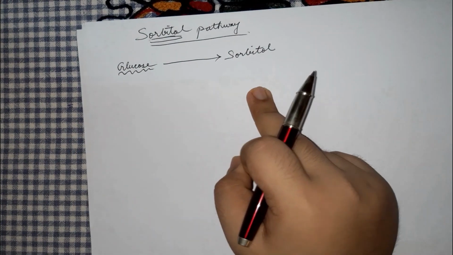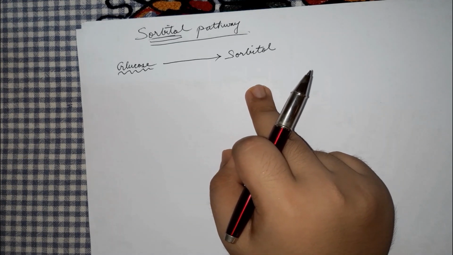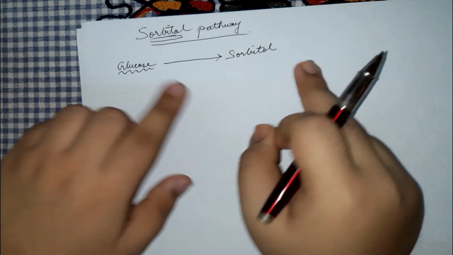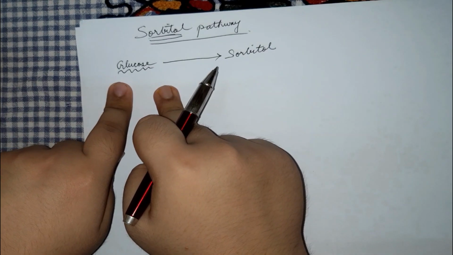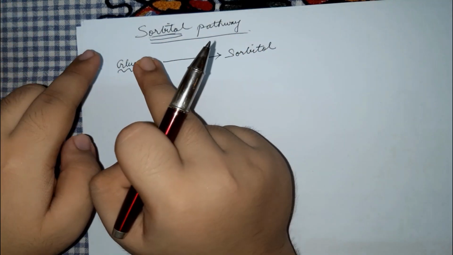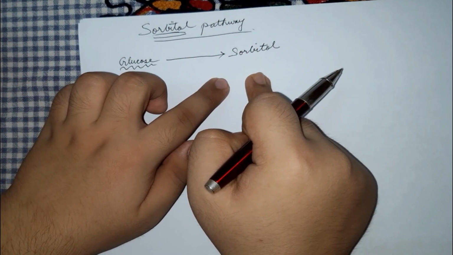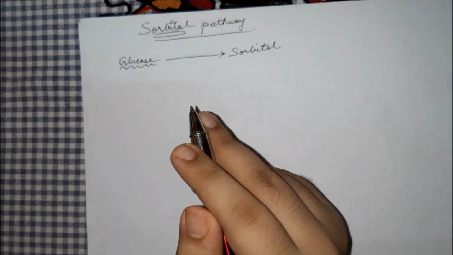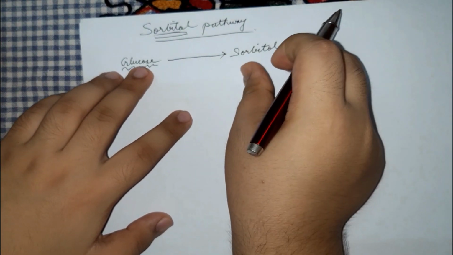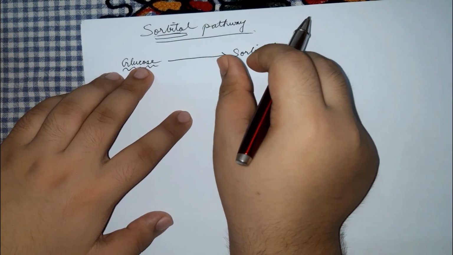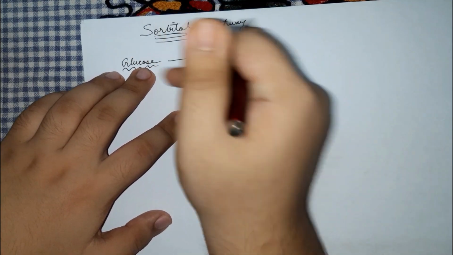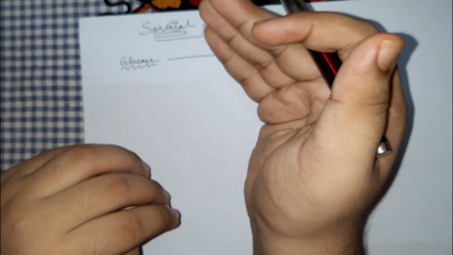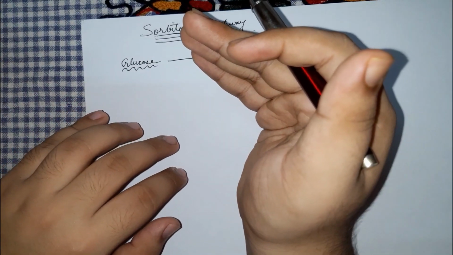From basic organic chemistry knowledge, we know that acid to aldehyde is reduction, and from aldehyde to alcohol is reduction, and the other way around will be oxidation. Basic organic chemistry, high school. So glucose to sorbitol would essentially be reduction. So you need something to give the reducing equivalents.